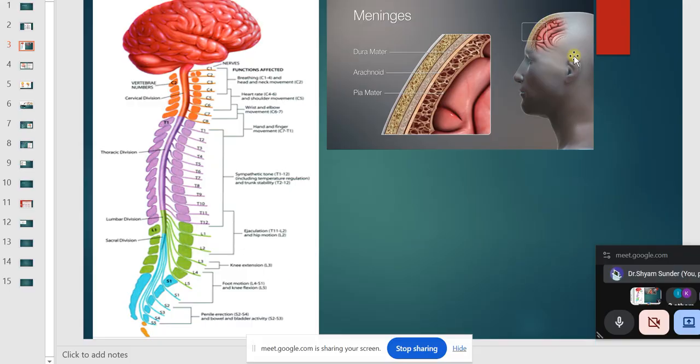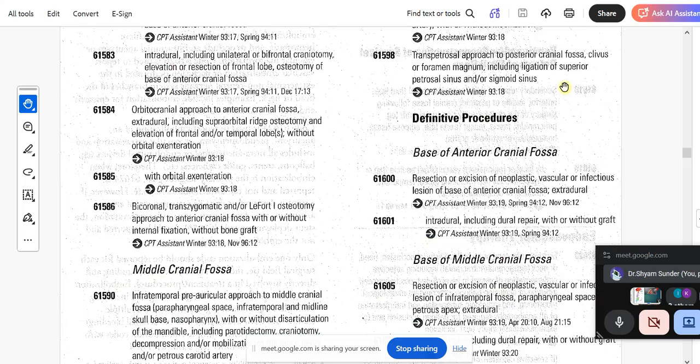What do you mean by that? You're talking about the skull base here. This is anterior skull base. This is the middle portion. This is posterior fossa. So first we should know which region the surgeon is working, what the approach is, and what the definitive procedure is.